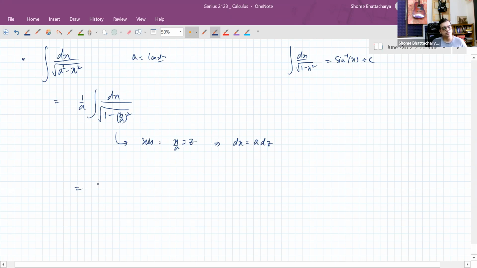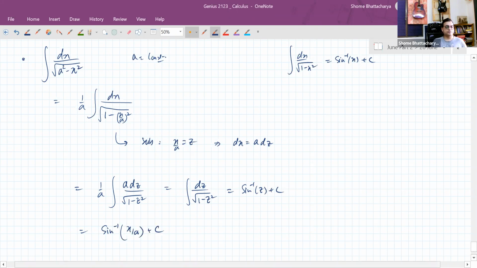So the integral becomes 1 by a times dz divided by square root of 1 minus z square. That becomes sine inverse of z plus c. That becomes sine inverse of x by a plus c.